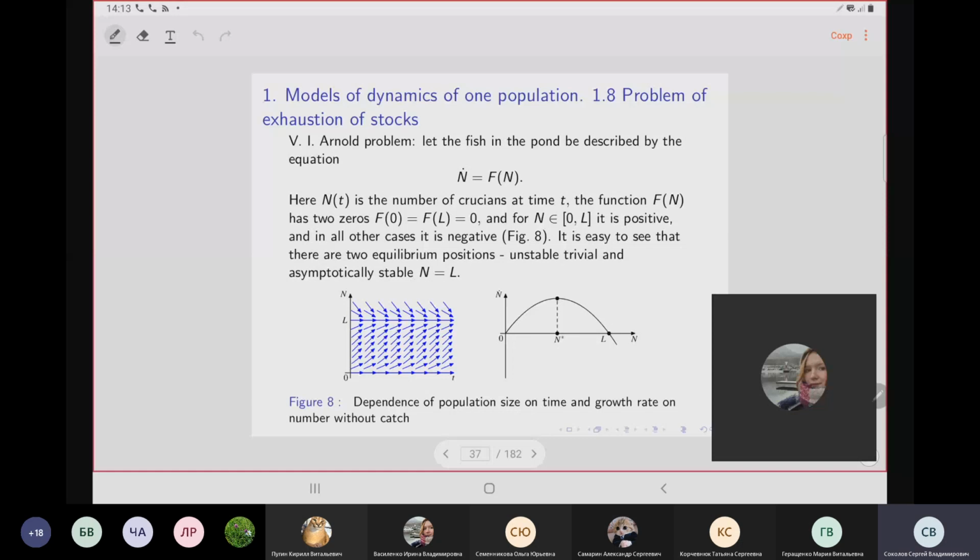We have some fish living in a pond. We assume that the population of our fish is described by the equation n dot is f of n.